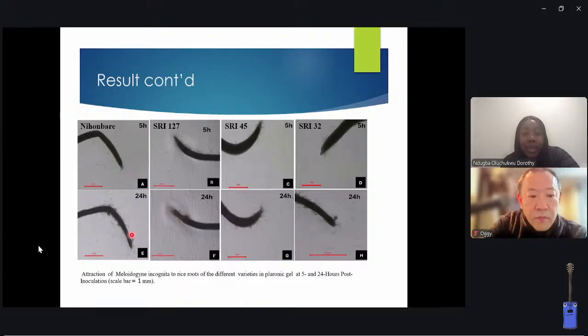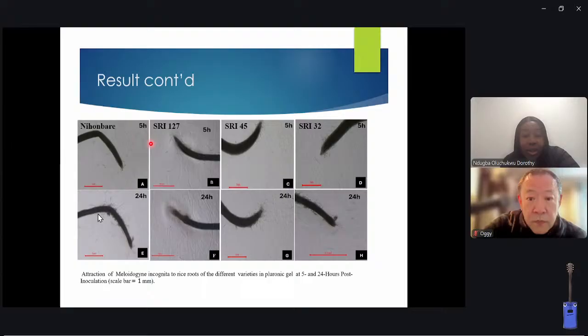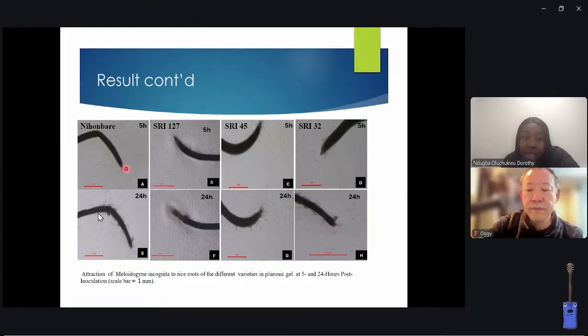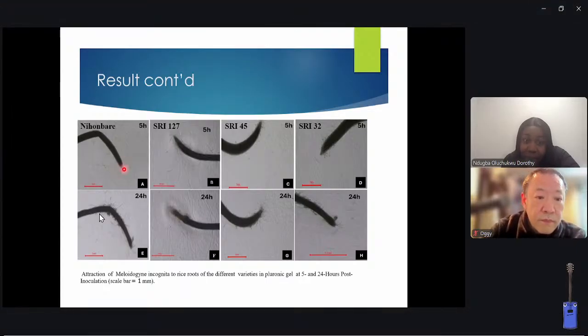But here we have the 24 hours. Here are also pictures of the rice varieties at 5 hours. These are what I meant when I said we had 20 in Nyombare. If you take a look at the 1 mm of the roots here for Nyombare, this is where we got the 20 nematodes, and for SRI 127, 45 and 32 as well.